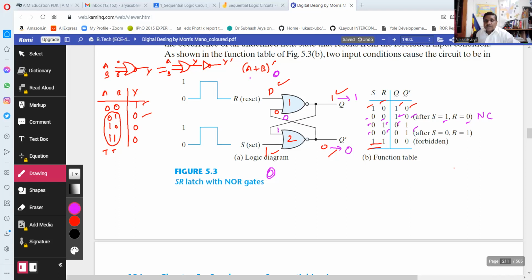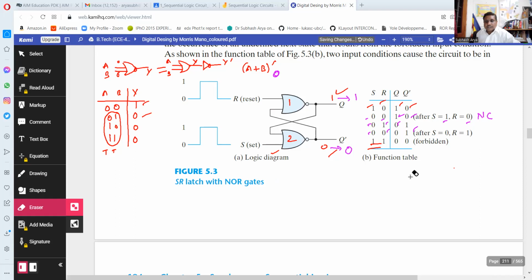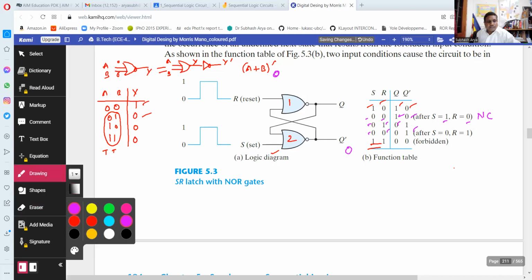However, for 1, 1, if both are 1, 1, we are looking that if any one of the inputs is logic 1, it will give logic 0. But if Q is logic 0, Q bar has to be logic 1.